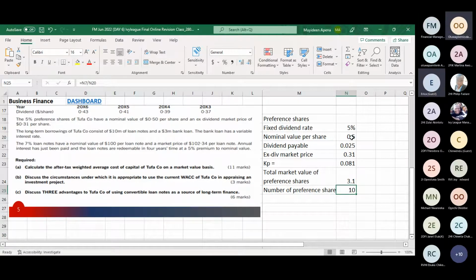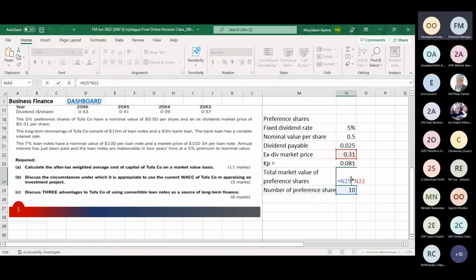Yes, sir. Okay, so good. Total market value XD is now number of preference shares times 1 unit of share in the market. How much is it? 31 cents. Okay. So multiply both and we got $3.1 million.